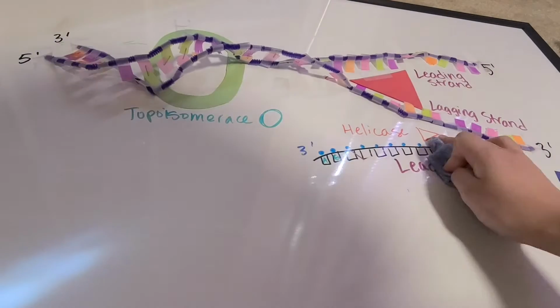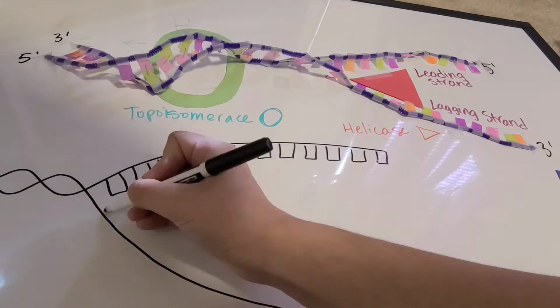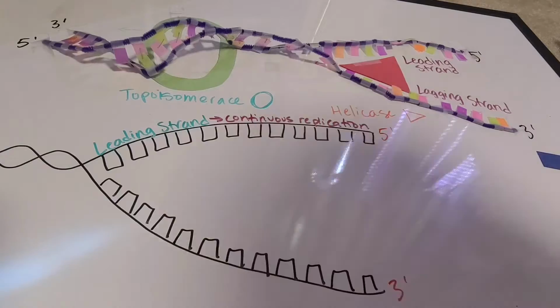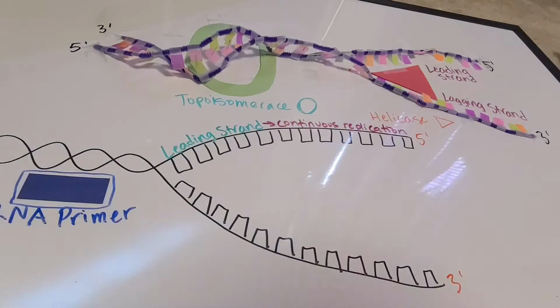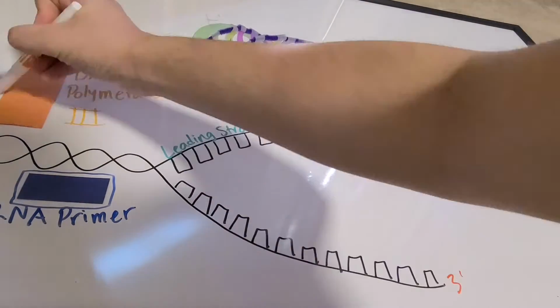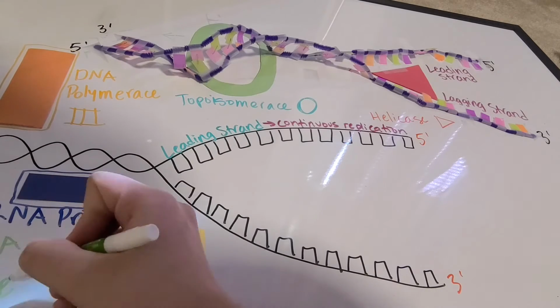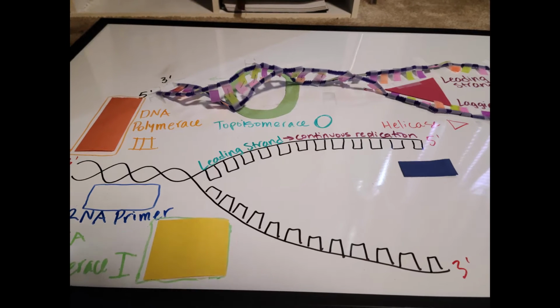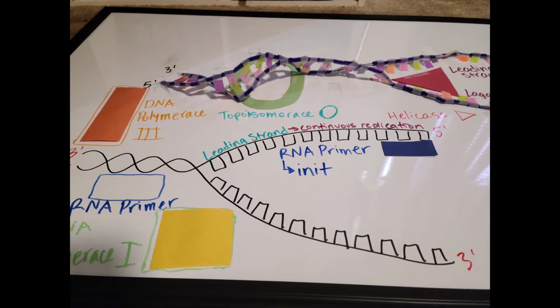Now we will focus on the leading strand. Since replication happens in the 5' to 3' direction, the leading strand has continuous replication. An RNA primer attaches to the strand first, which initiates DNA synthesis.